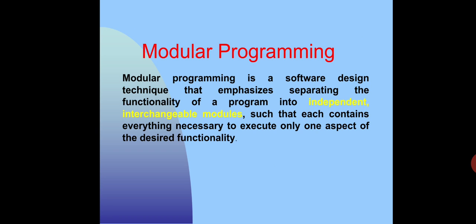So instead of approaching a bigger problem, we will divide the entire problem into subproblems. Then we will find the solution to each subproblem, and then they will combine to form the solution of the bigger problem. There are many advantages of modular programming.